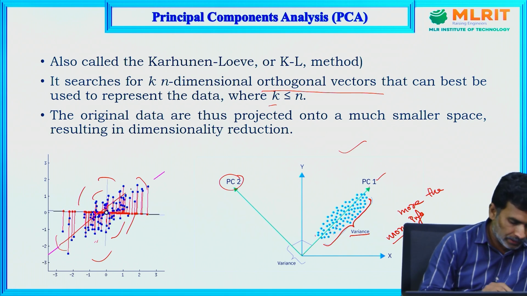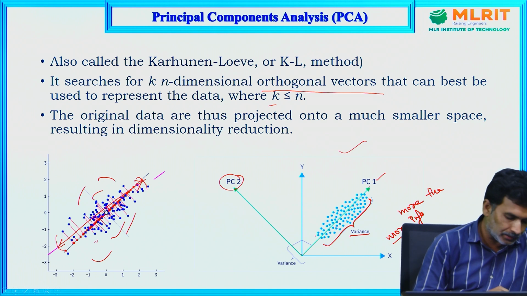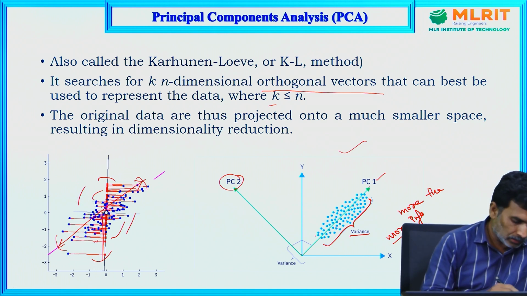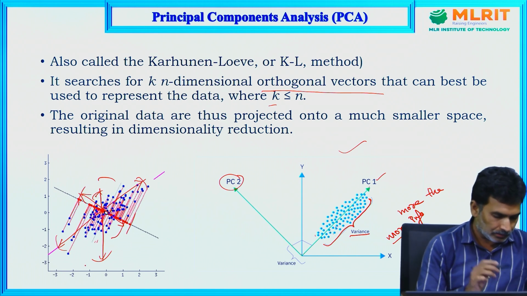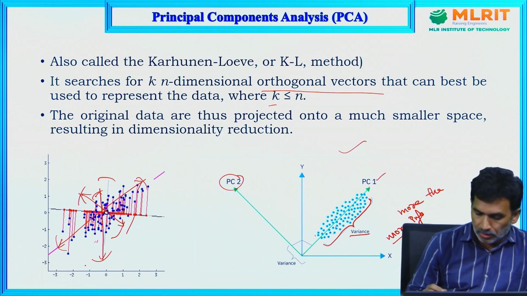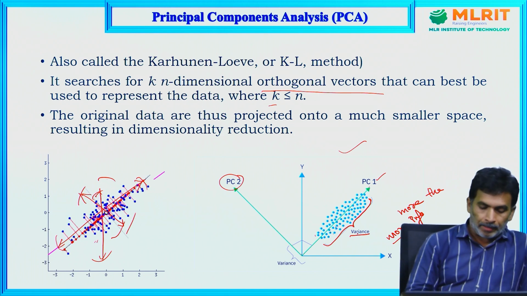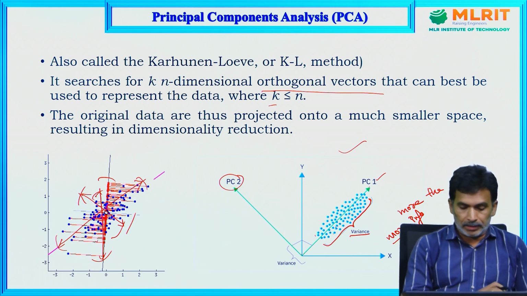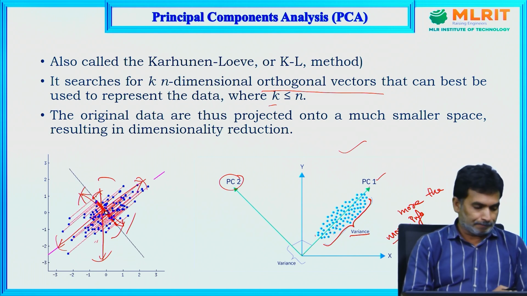If I join this, this is the distance, that means the variance at this point, and this is another variance, and like this is another variance. So the first principal component would be the one with the higher variance, and the next principal component will have less variance than principal component 1.